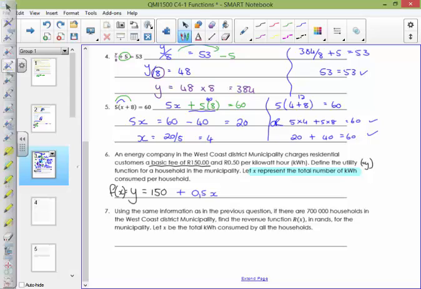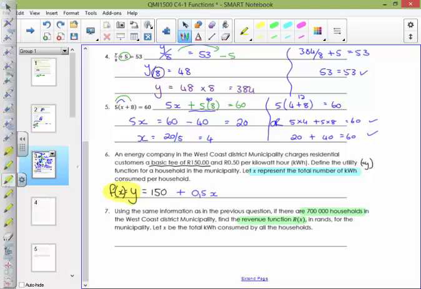Right, now, using the same information as the previous question, there are 700,000 households in the West Coast municipality. So obviously what the households are going to spend will be equal to the revenue earned by this municipality. So find the revenue function in rands for the municipality.